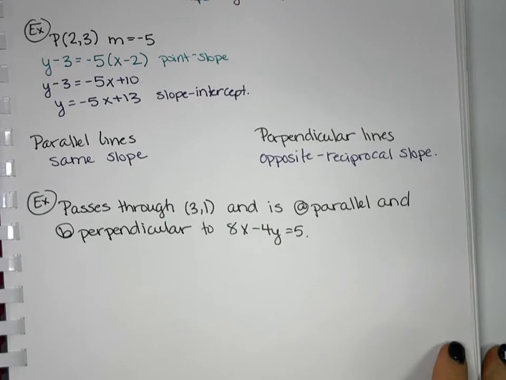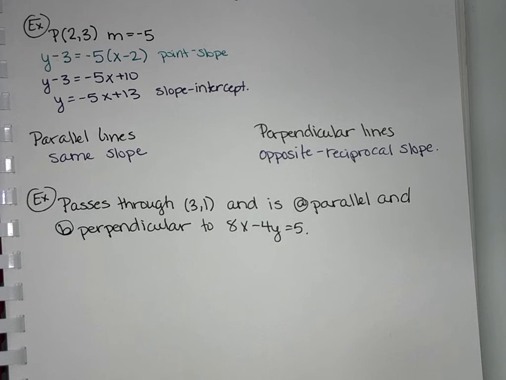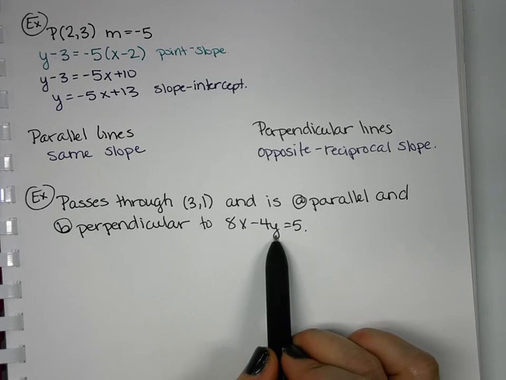So it'll give you a point and then give you a line and say find the equation of the parallel line and the perpendicular line to this given line that goes through that point.